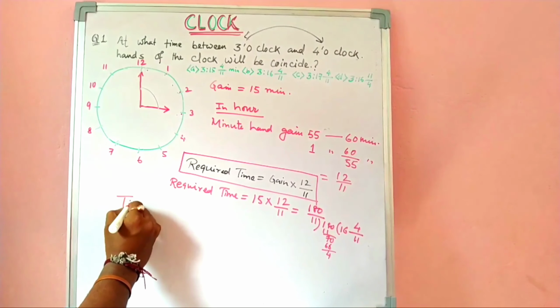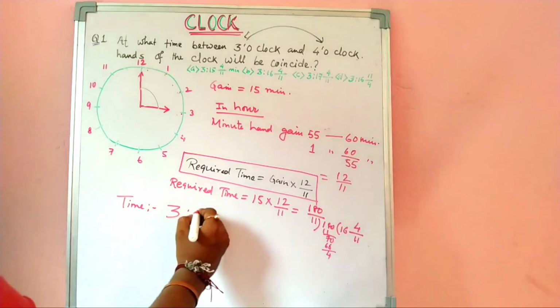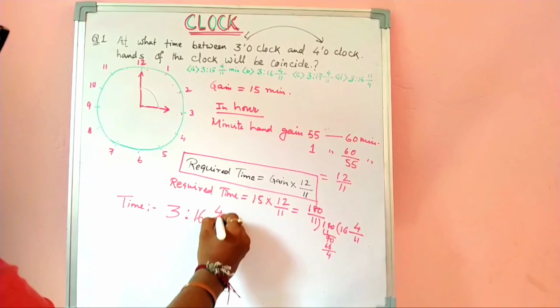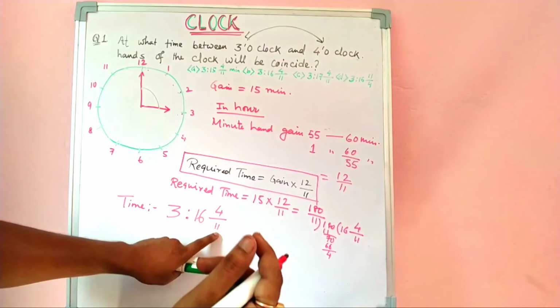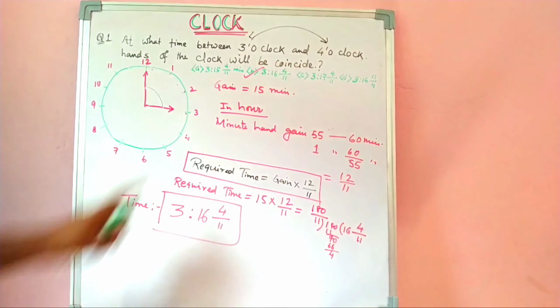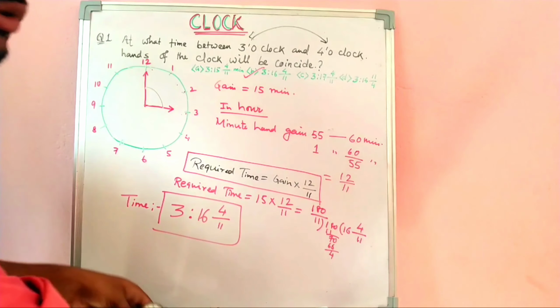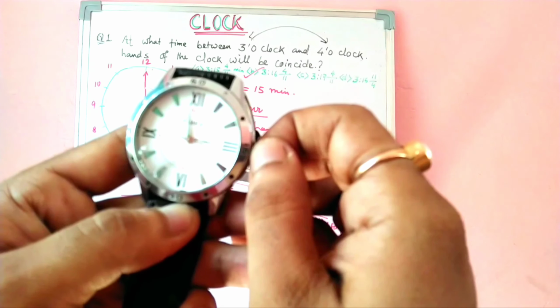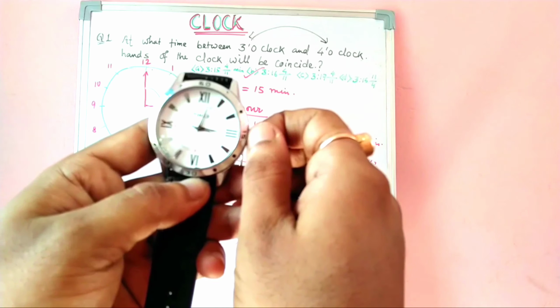So time would be equal to 3 PM, 16 minutes and something. Something means this is a fraction of seconds actually, a few seconds only, right? So option B is the correct one. There are 4 options given to you. So at 3:16 they will coincide with each other. So I will show this is 3 PM, right? This is 3 PM, right? Next it is going.